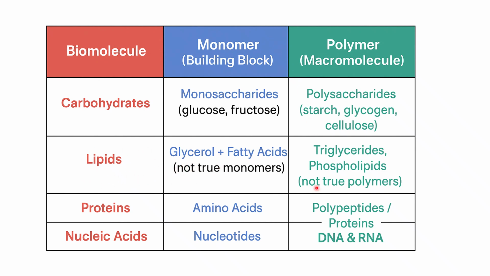They form triglycerides, and we still say that they're not true polymers. We will cover this in more detail and discuss why they're not considered polymers. Now, proteins. In proteins, the monomers are amino acids, and we form polypeptides, or proteins. And then in nucleic acids, we have nucleotides, and they form DNA and RNA.